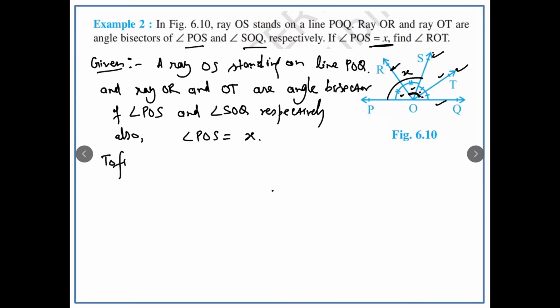We have to find the measure of angle ROT. Okay, so let's start the solution.